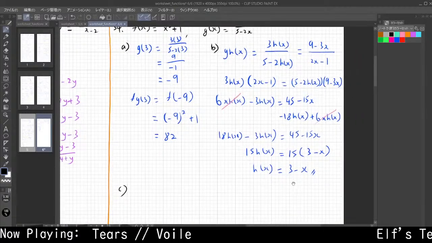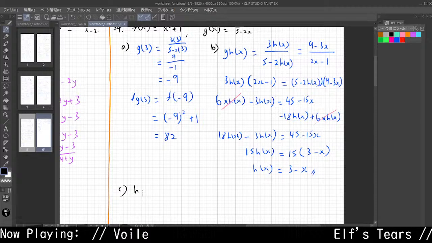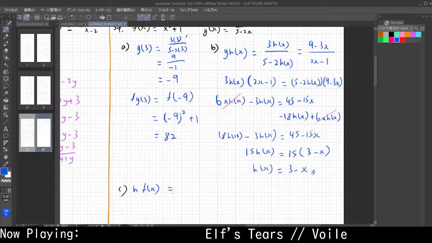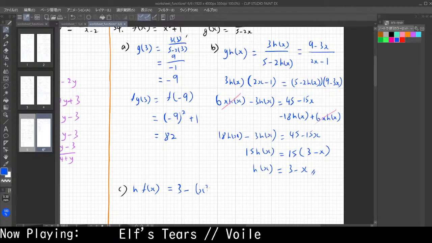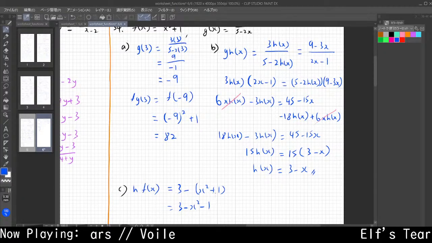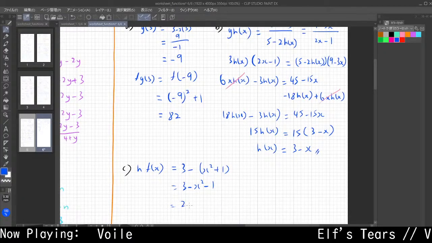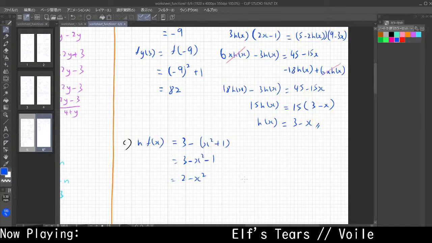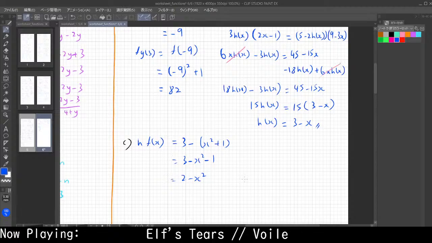First and foremost, HF can be written as 3 minus bracket x squared plus 1. So 3 minus x squared minus 1 equals 2 minus x squared. Okay, this is a quadratic. Do quadratic functions have inverse functions?